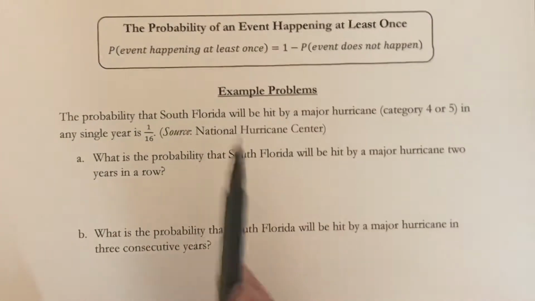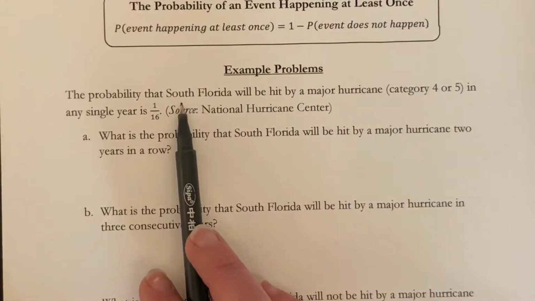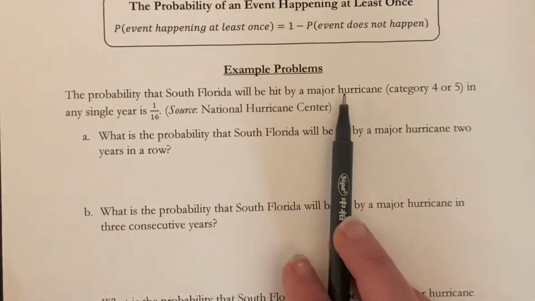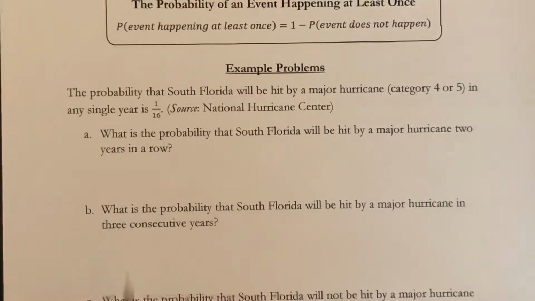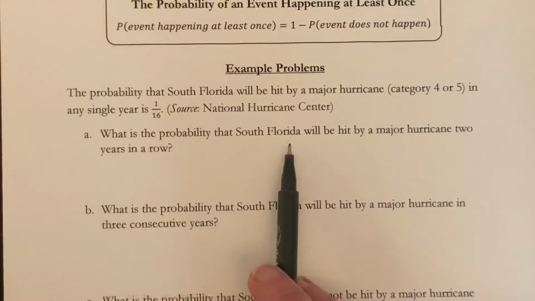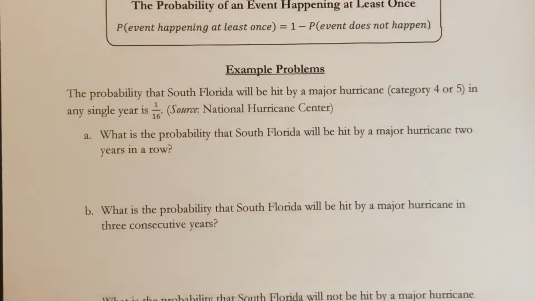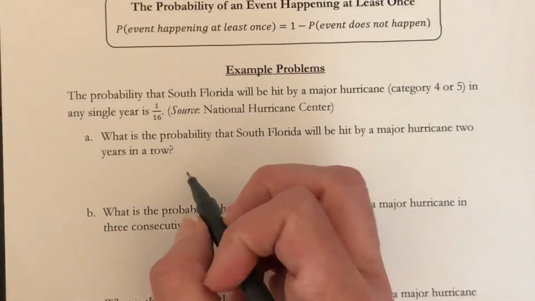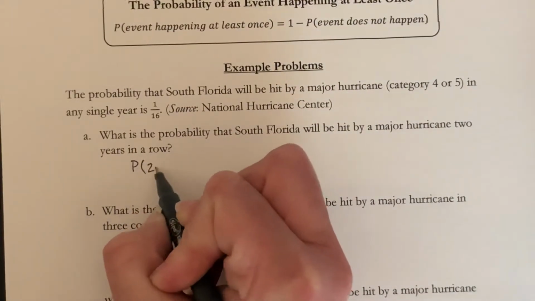So let's find the probability, if we know that the probability that South Florida will be hit by a major hurricane, which is a category 4 or 5, in any single year is 1/16. What is the probability that South Florida will be hit by a major hurricane 2 years in a row?